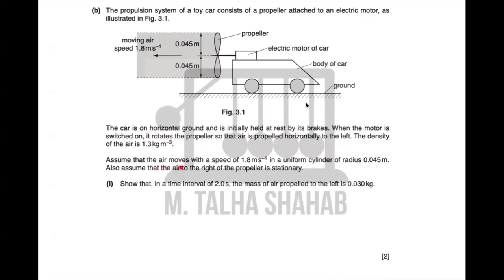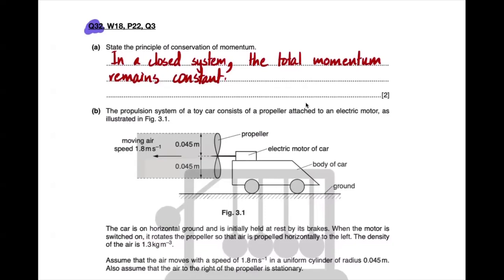Assume also that the air moves with a speed of 1.8 meters per second in a uniform cylinder of radius 0.045 meters. Also assume that the air to the right of the propeller is stationary. Show that in a time interval of 2 seconds, the mass of air propelled to the left is 0.03 kg.